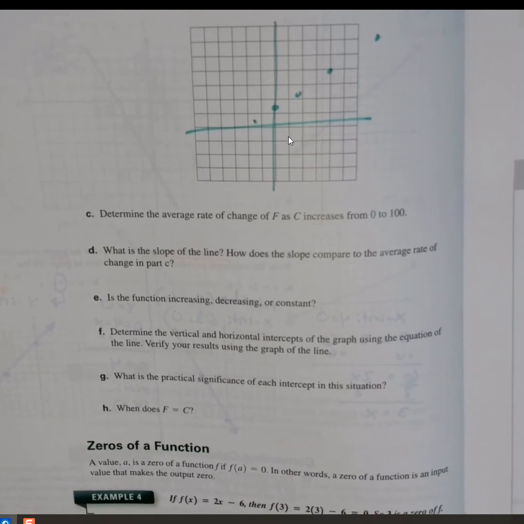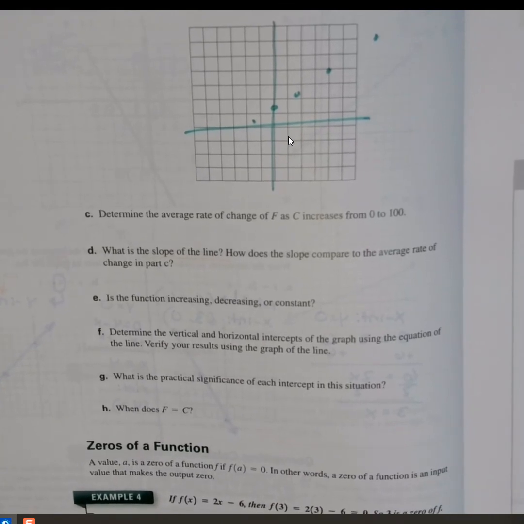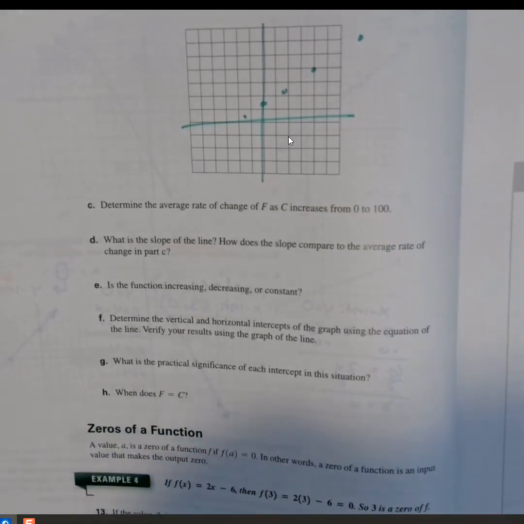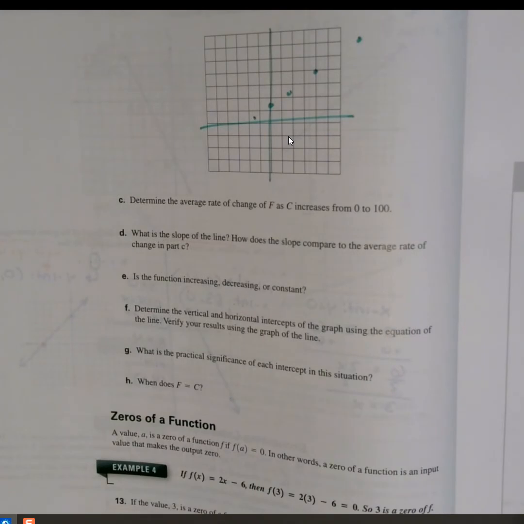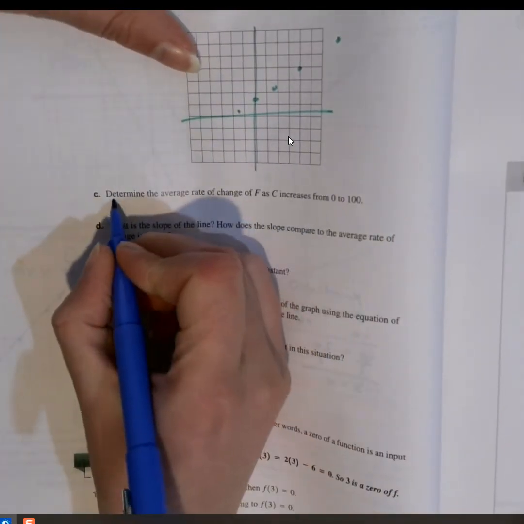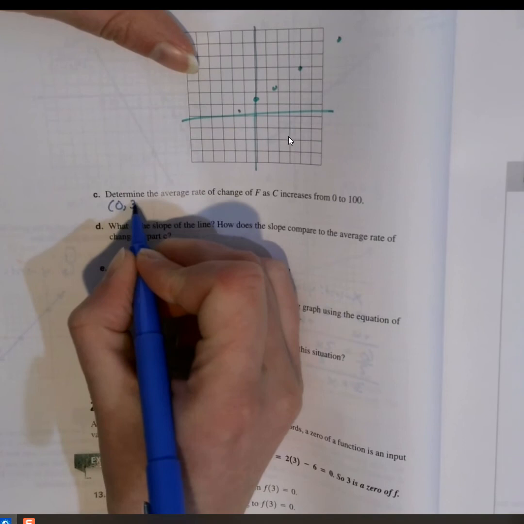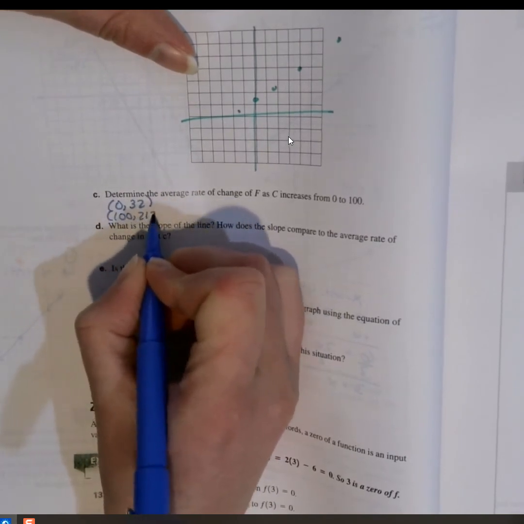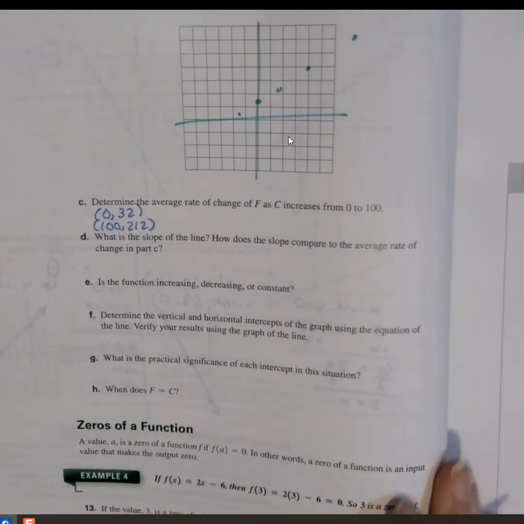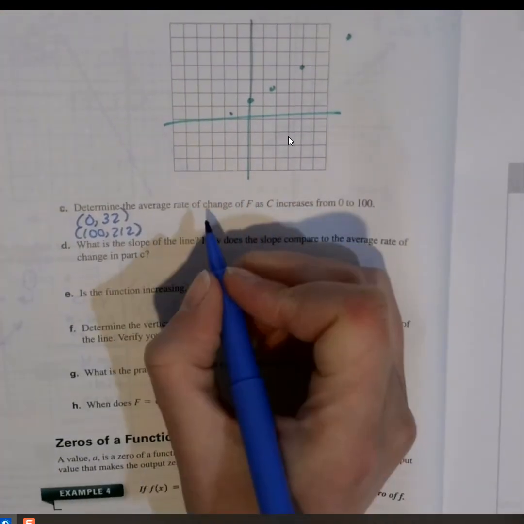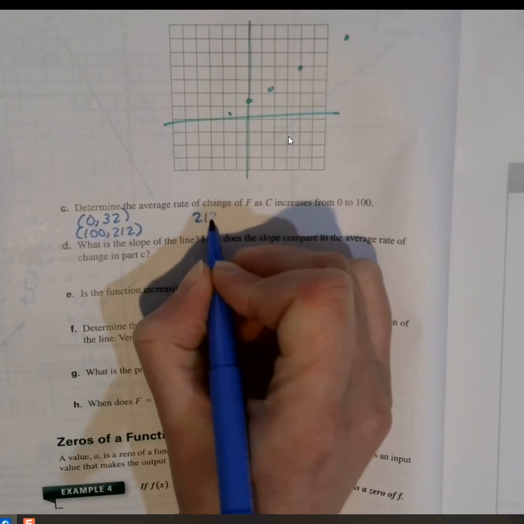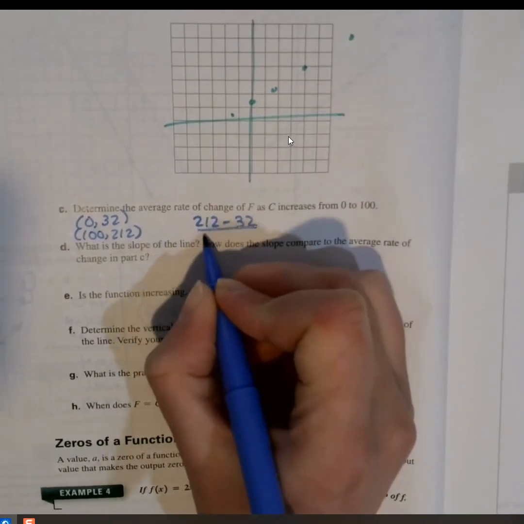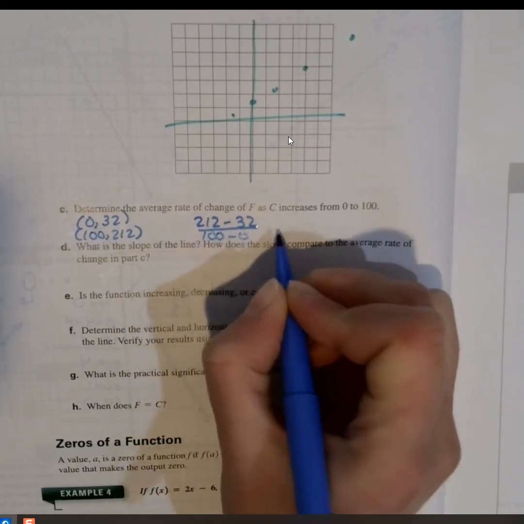Okay. Now, determine the average rate of change as temperature increases from 0 to 100 degrees. Okay, so the points were at 0, we had 32, and at 100, we had 212. So I want to compute the average rate of change in output, 212 minus 32, over change in input, 100 minus 0.